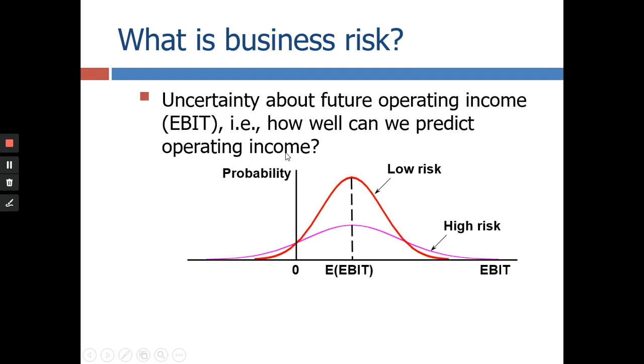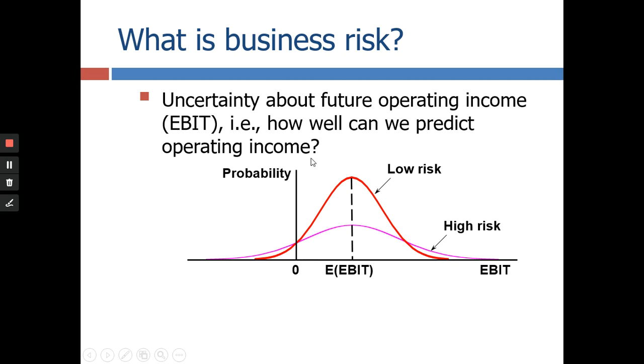So what are the main effects? The main effect for a company is uncertainty about the future operating income. That is the business risk, your future operating income. For example, companies affected by COVID-19: what is their business risk?